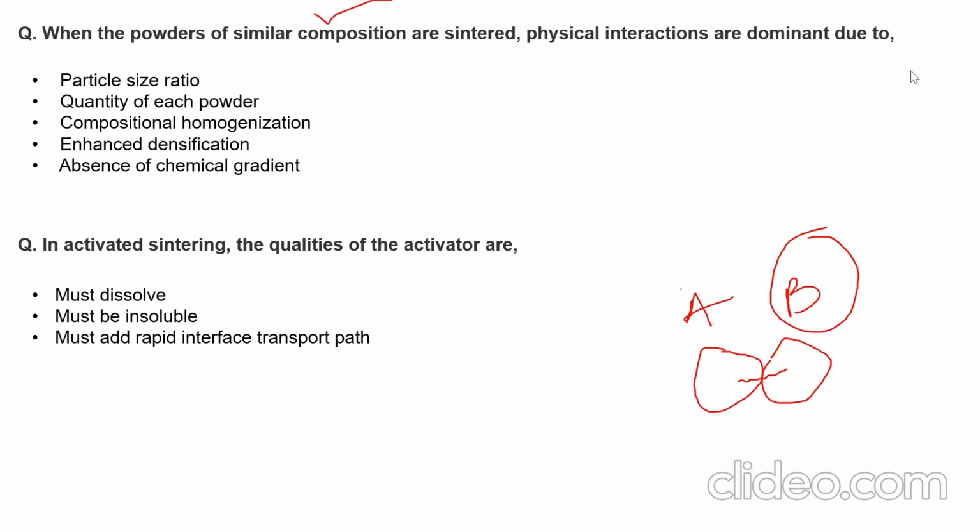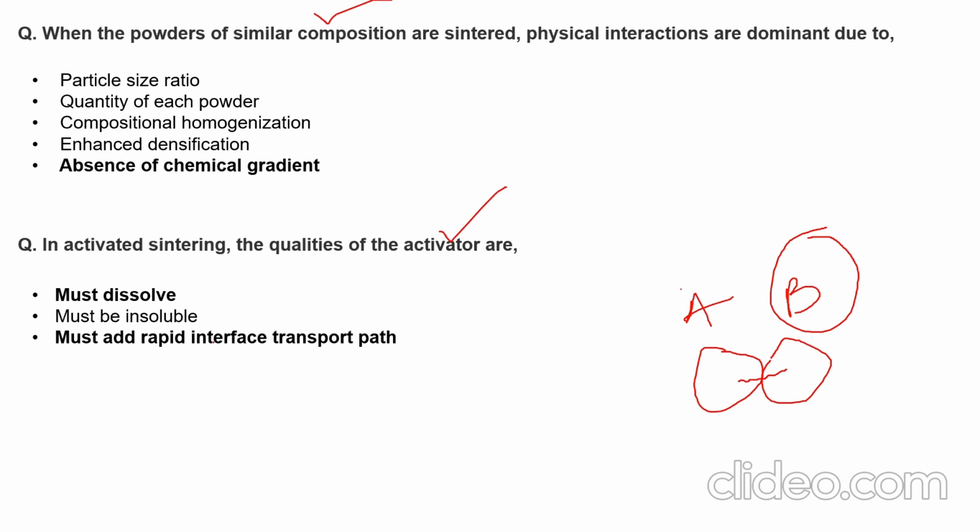Okay, we have another question that says in activated sintering, the qualities of the activator are: must dissolve, must be insoluble, and must add a rapid interface transport path. Actually, the activator is such that it must dissolve in one of the phases that you are taking.